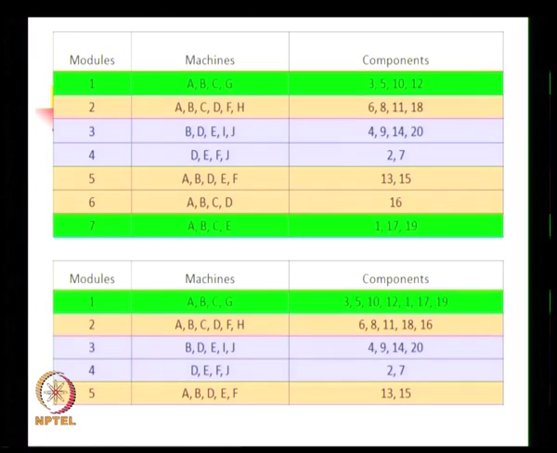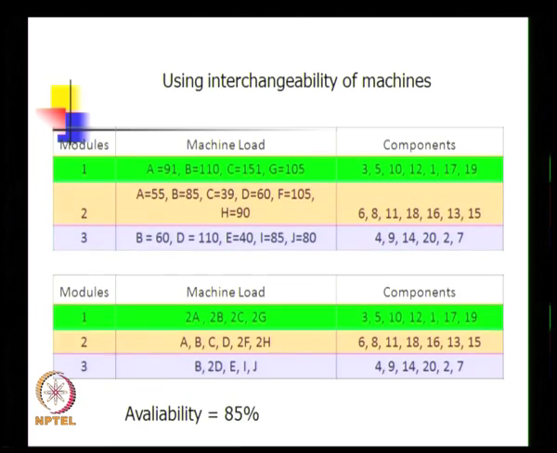So, you see that A's requirement is 91. We have written A's requirement as 91. 91 means 0.91 of the machine. Like this, we have written all the requirements for all the machines.